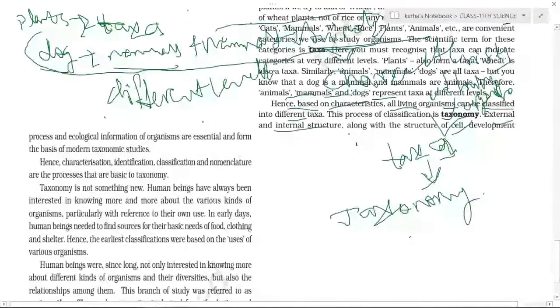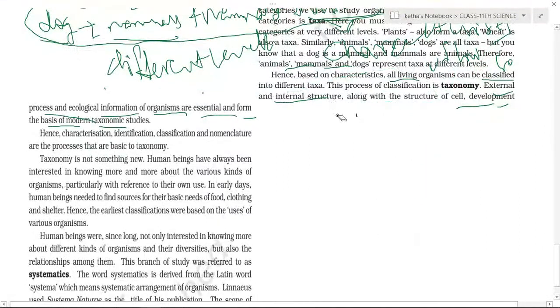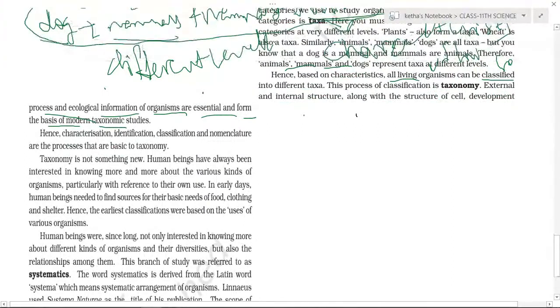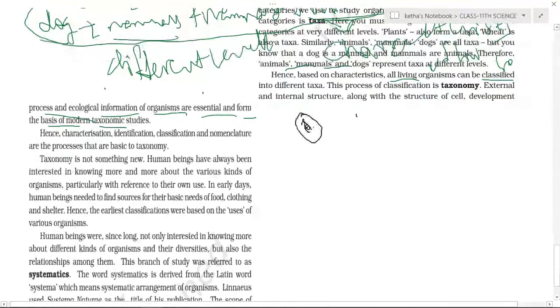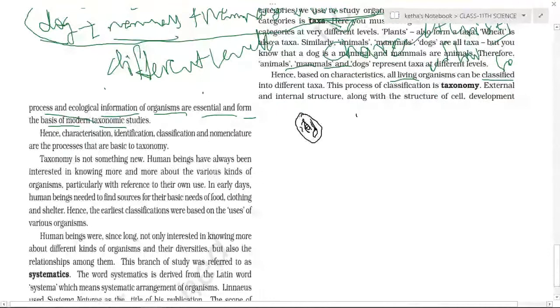External and internal structures, along with the structure of the cell, development process, and ecological information of organisms, are essential and form the basis of modern taxonomic studies. If we see a cell, we can observe the internal structures and also the outer structure.